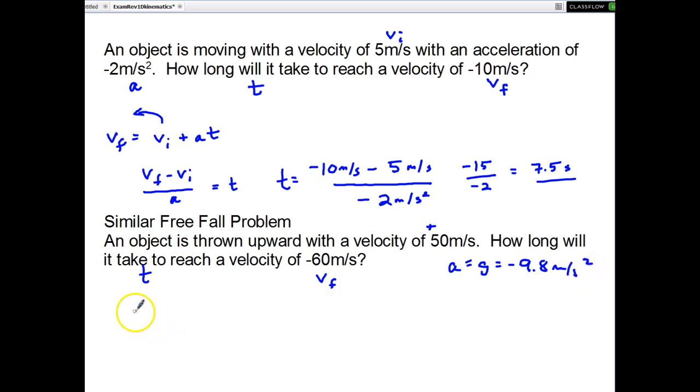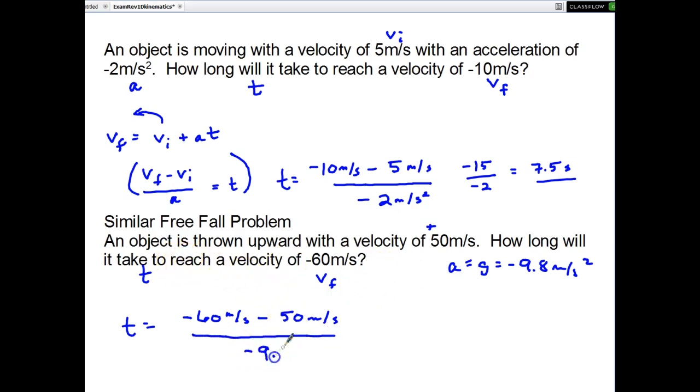So using the same equation, I'm going to use this version that we've already rearranged. So time is our final velocity, negative 60 meters per second, minus our initial velocity, 50 meters per second, divided by acceleration, negative 9.8 meters per second squared.